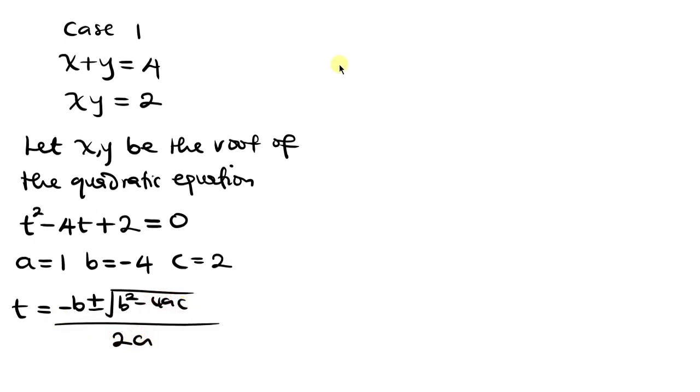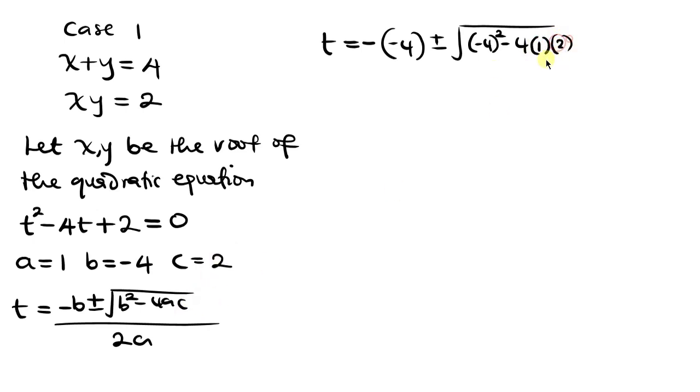So let's substitute. We have t equal to -b, so -b is 4, plus or minus the square root of b squared, that's -4 squared, minus 4 times a, a is 1, c is 2, all over 2a, that's 2 times 1.